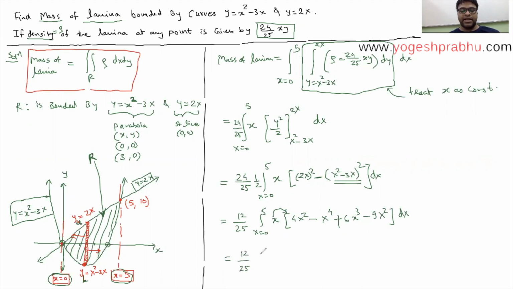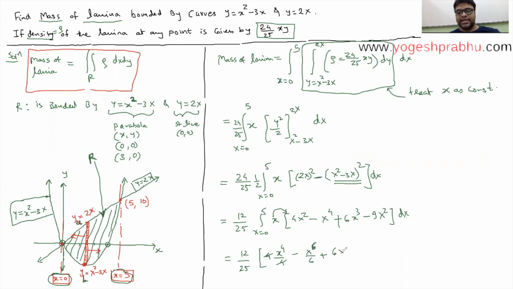So it is 12 by 25, and the integration of this is going to be, this will become x cube. So the integration will be 4x raised to 4 by 4, and the 4 will cancel out, minus, this will become x raised to 5. The integration will be x raised to 6 divided by 6. And then this term will become x raised to 4.